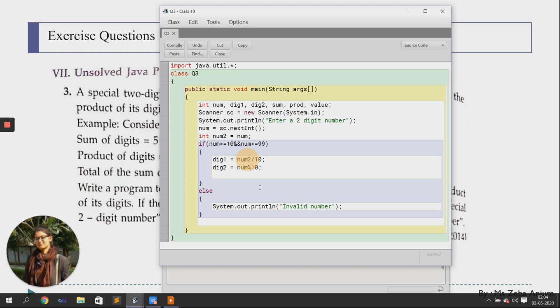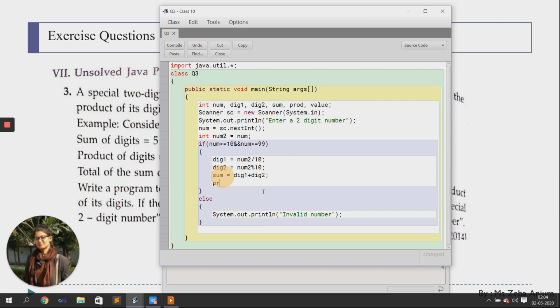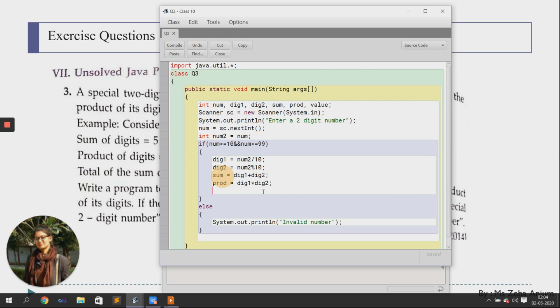Let us break this num2 now, so we can compare it afterwards. Now sum equals digit1 plus digit2. Okay, calculate the sum. Now the product, let us calculate. That is your digit1 multiplied by digit2.